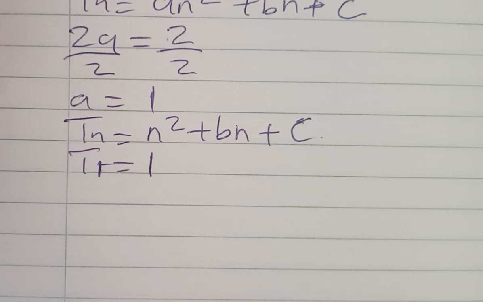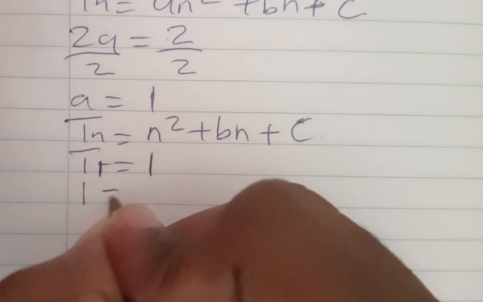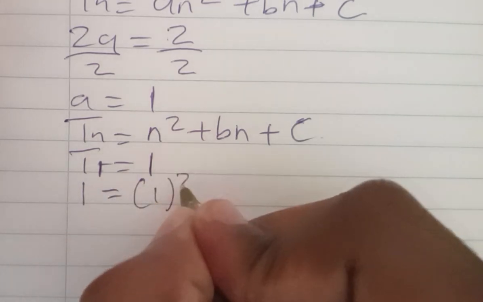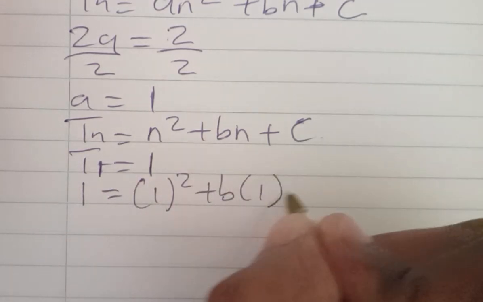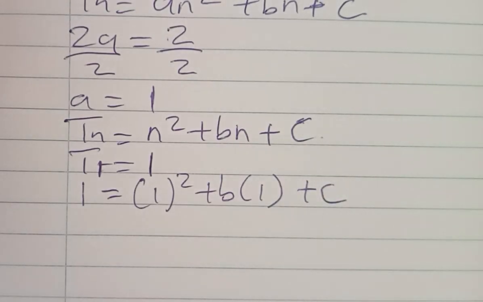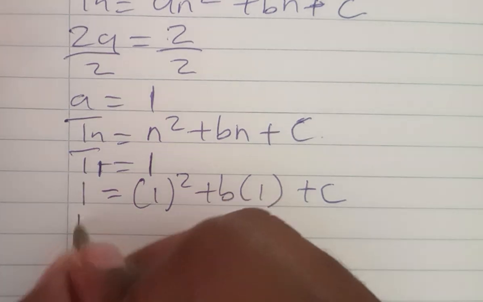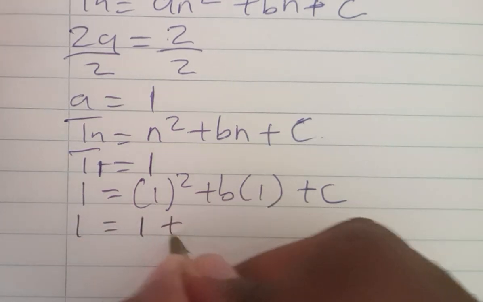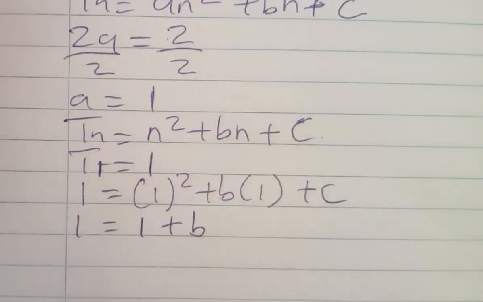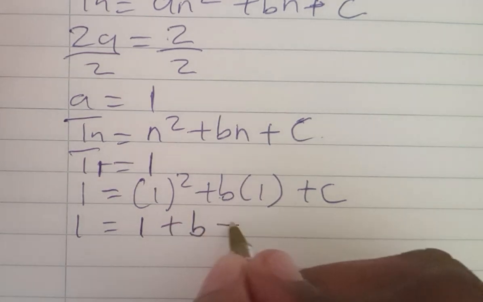That's what I said on my previous video. So let me do what I just said. Where I see n, I also substitute 1, plus c. So 1 squared is 1. Now I break the bracket. Here is 1. b multiplied by 1 is b, plus c.